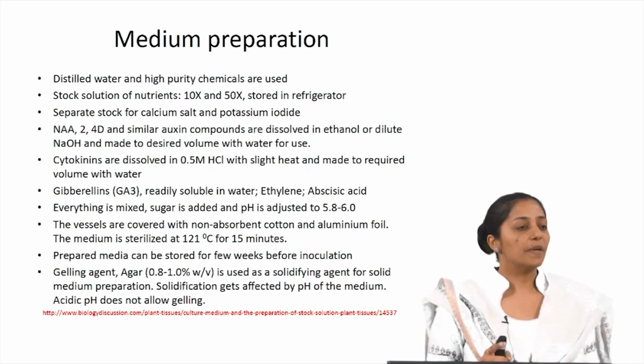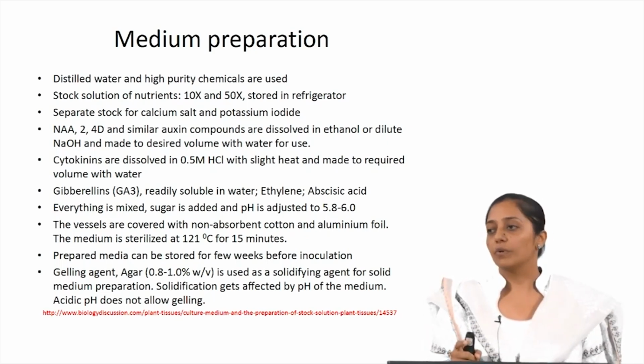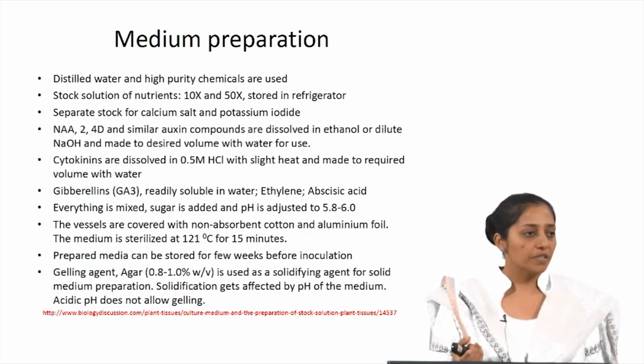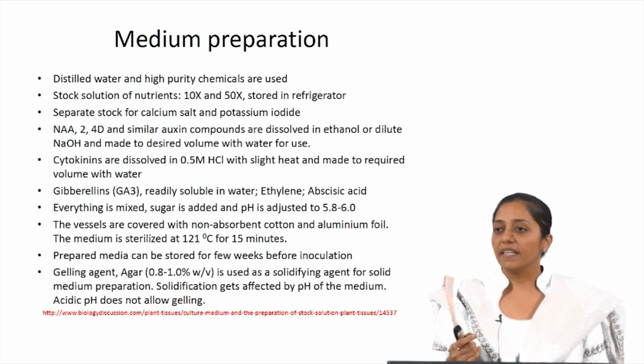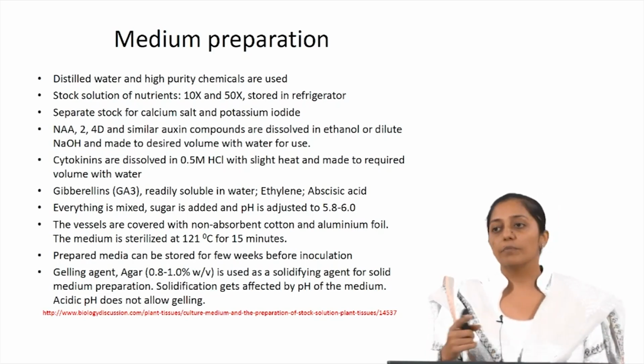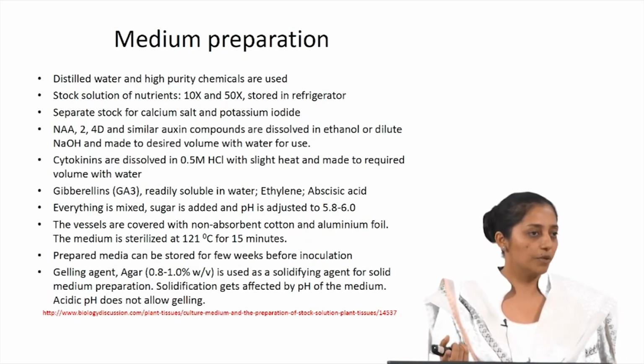Then vitamins, because some of these vitamins are found to be heat sensitive, heat labile. So, depending on what vitamins you are using, care should be taken whether you can afford to add them before autoclaving, or they should be added and filter sterilized after autoclaving the major and micronutrients.